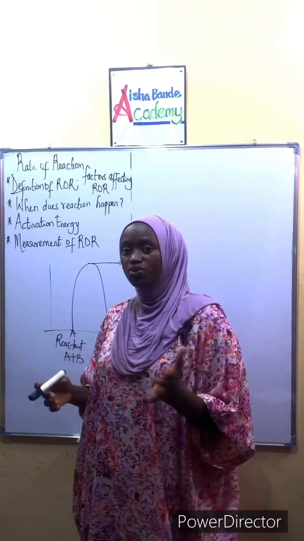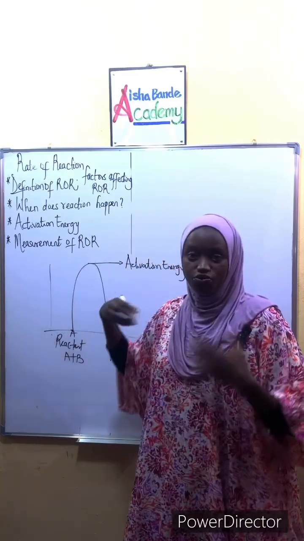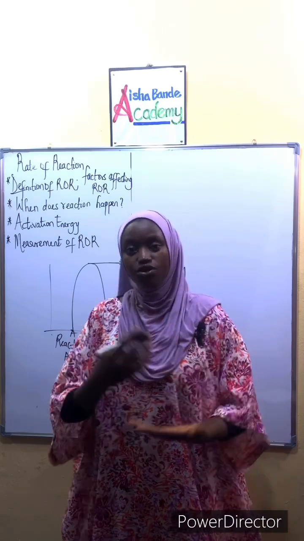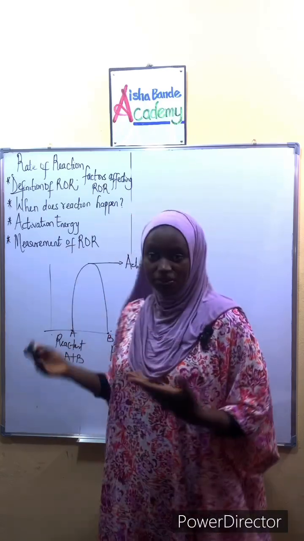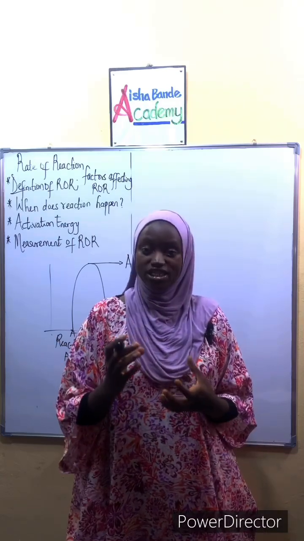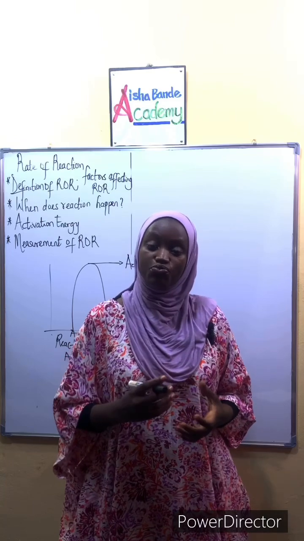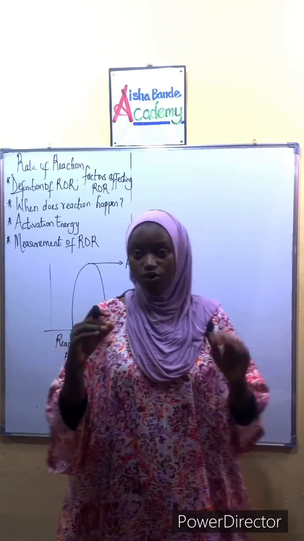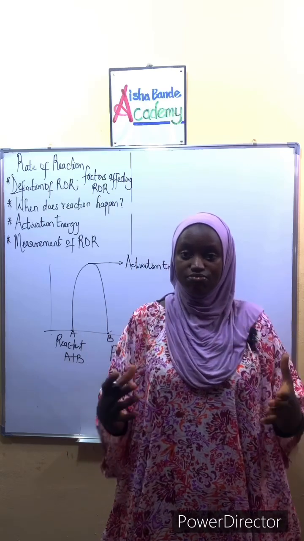So this takes us to what we have next, which is the measurement of rate of reaction. This is where we start the calculation aspect of the topic. Rate of reaction can be measured by measuring the amount of reactant consumed or the amount of product formed over a given period of time. Okay, so that's how rate of reaction is measured.